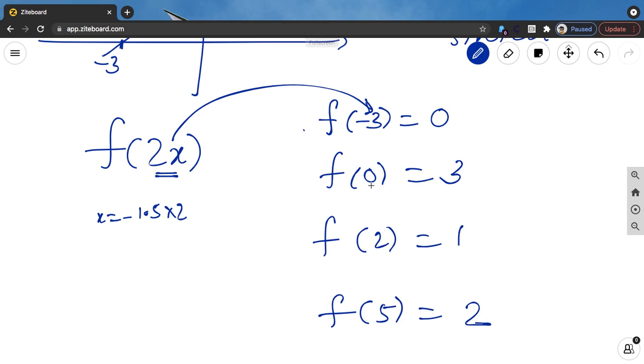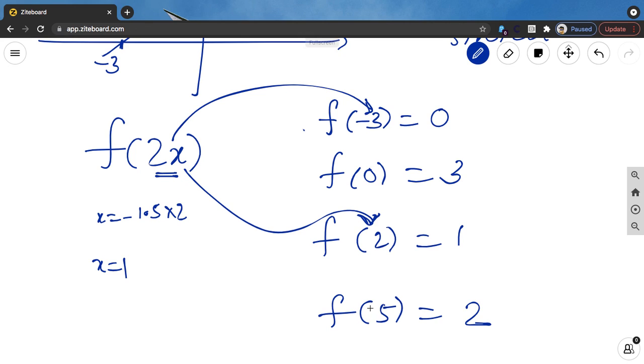What value should x have if I have to see 0? Well, x has to be 0 only. What value of x should I have such that 2x is presented as 2? 2x equal to 2 means x has to be 1. Then 2x will become 2. If the function has to get 5 as the input, x has to be 2.5 because 2x will again become 5.